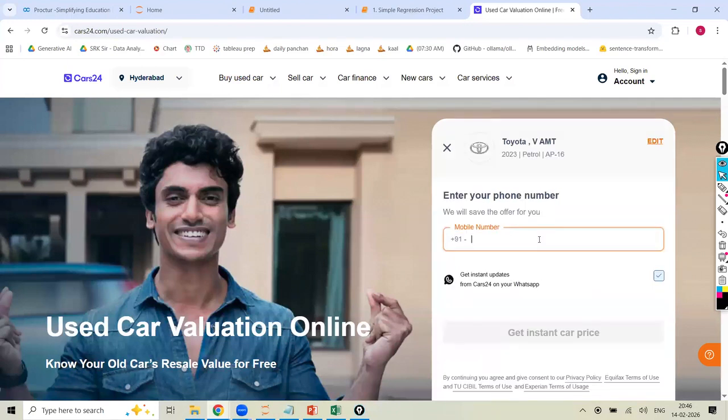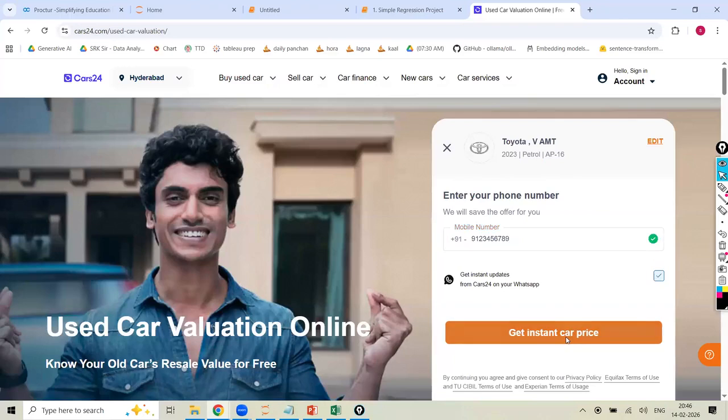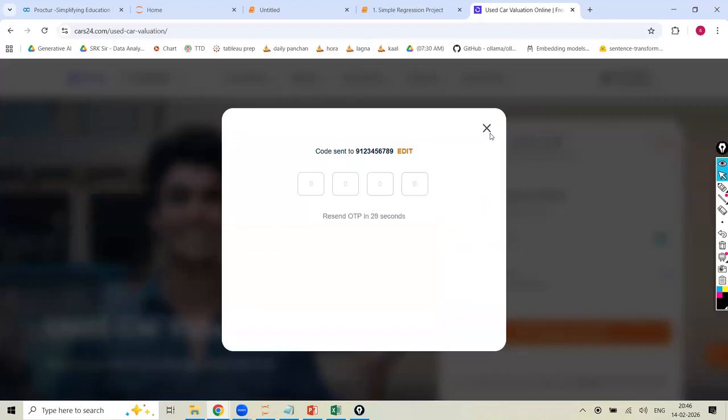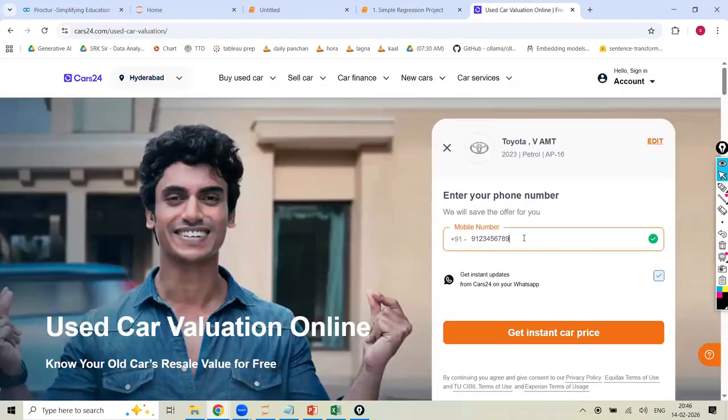It is asking to enter the mobile number. Something I'm entering, that is not my number, OTP required. Just give me 1 minute. Let me enter the original phone number, and let me show you.